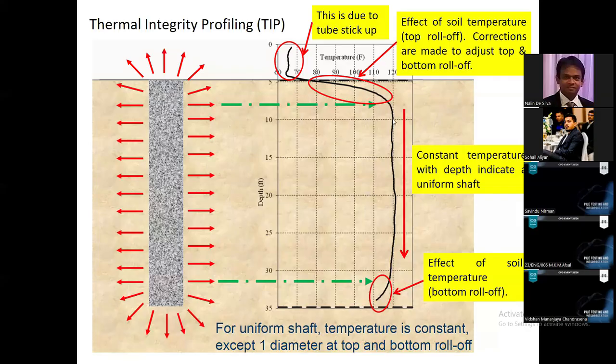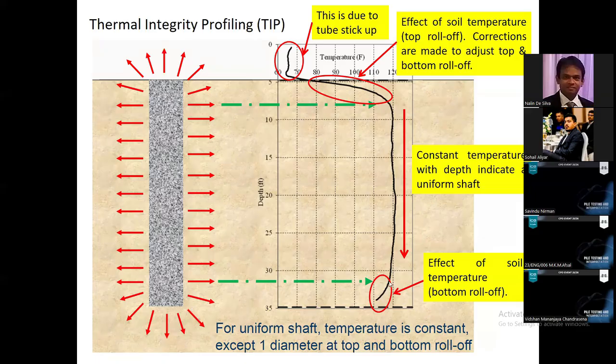along the pile. Close to the top and the bottom, you will see some reduction in the temperature because this area is exposed to the surrounding air, right? It is exposed, no soil cover. As a result, heat will quickly dissipate, and you will see a sudden drop in the temperature close to the top. Close to the bottom also, because you have surrounding soil, through which heat will dissipate very fast.